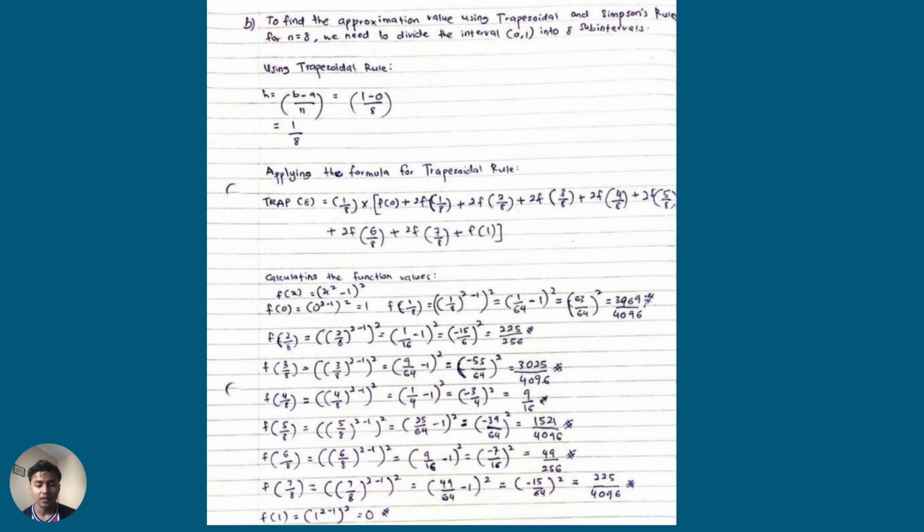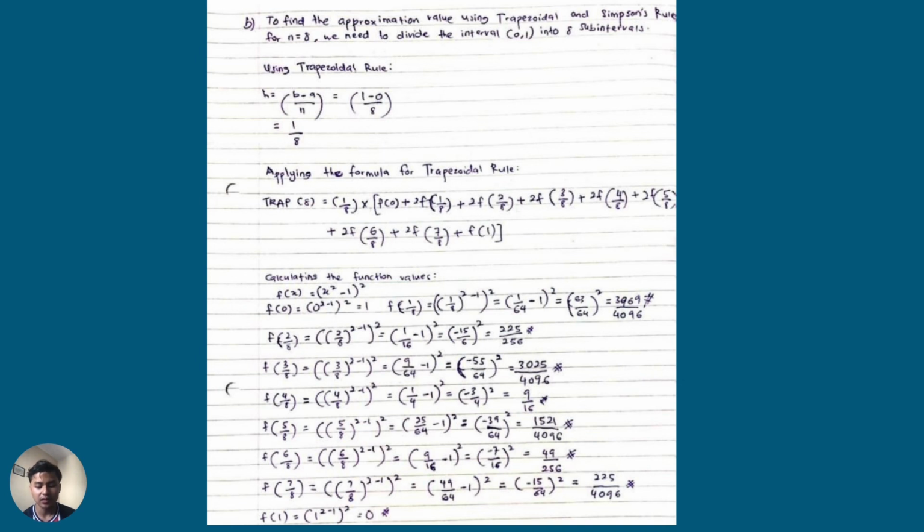And number 5 is f(5/8) equal ((5/8)^2 - 1)^2 equal (25/64 - 1)^2 and equal with (-39/64)^2 equal with 1521/4096.